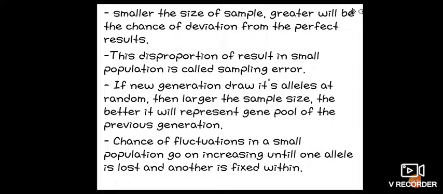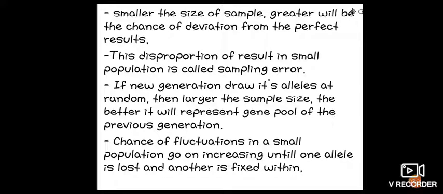To understand sampling error, consider a coin tossing experiment. When a coin is tossed several times, the probability of occurrence of heads and tails is more or less equal. However, when a coin is tossed only three to four times, it is possible that all will be heads or all tails purely by chance.